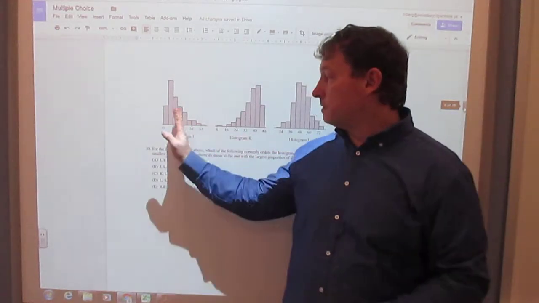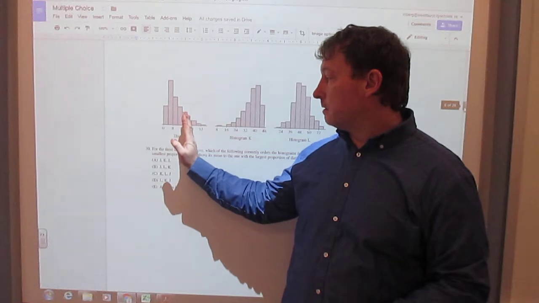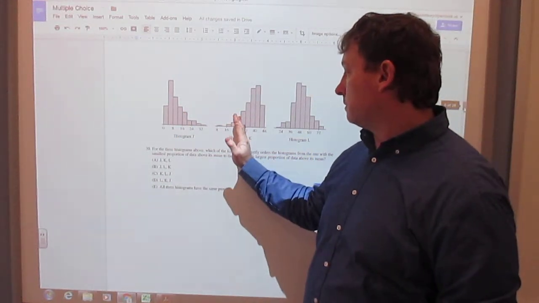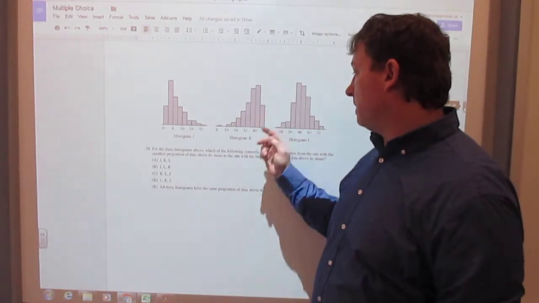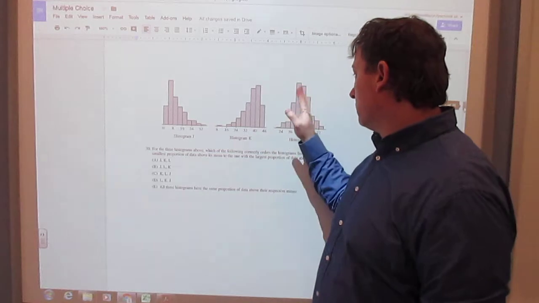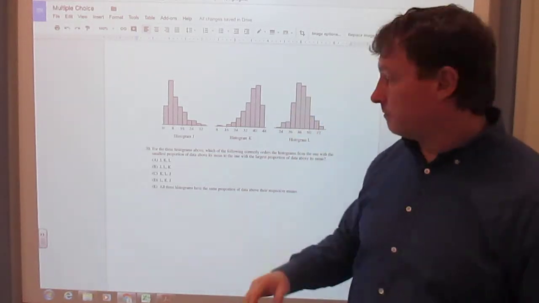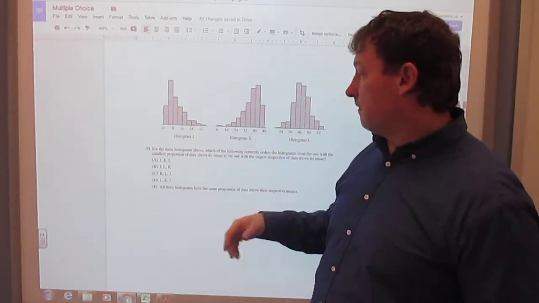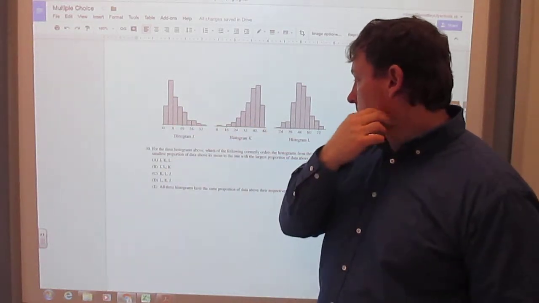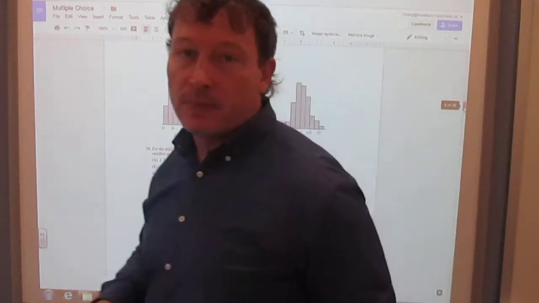And so if the skewness pulls the mean towards it, where would there be more data points above the mean? Where would there be more? So the mean's probably right here, close, because that's symmetric. So it's going to be, hopefully you're going to figure out, somewhere between here and here. And you got to figure out which one.